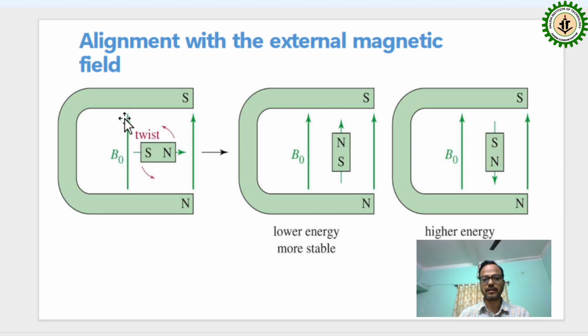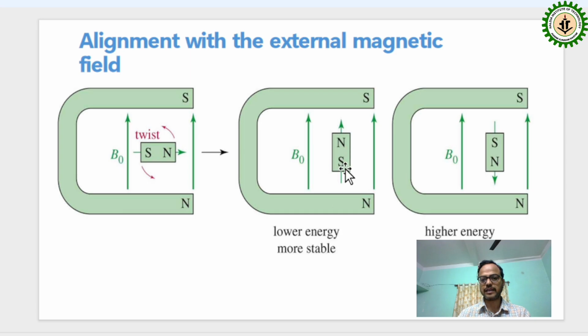B0 is the magnetic field of the large bar magnet, and here a torque acts on the small tiny magnet due to the large magnet. And here there are two options. The small tiny magnet can be aligned with the large magnet, or the small magnet can be against the large magnet, like north to north, south to south.